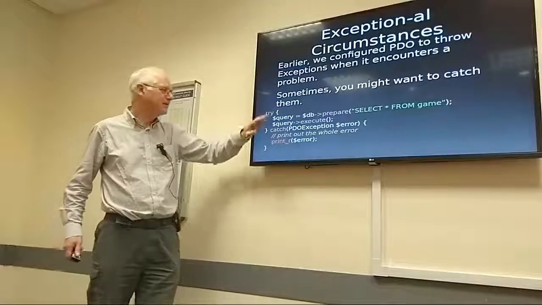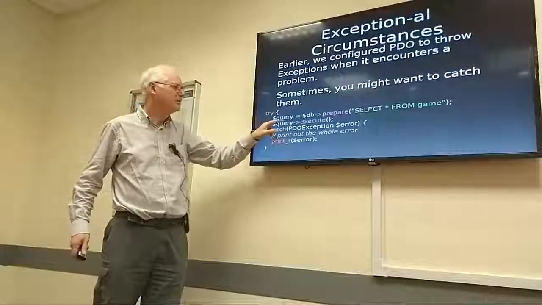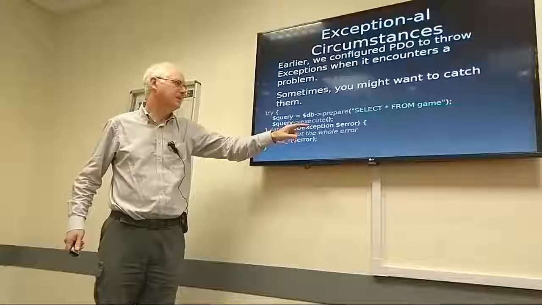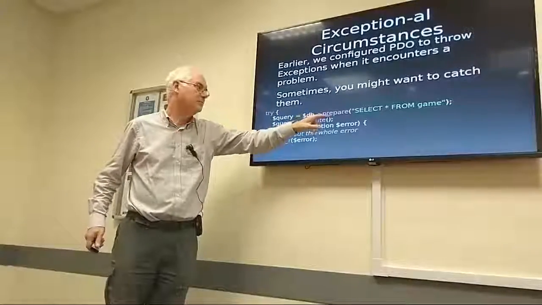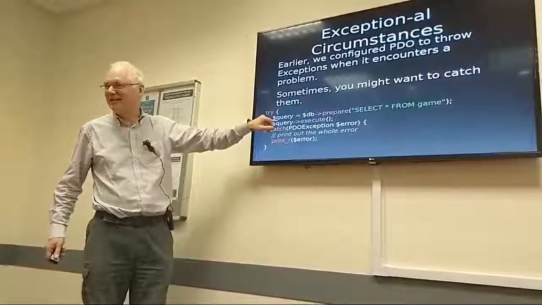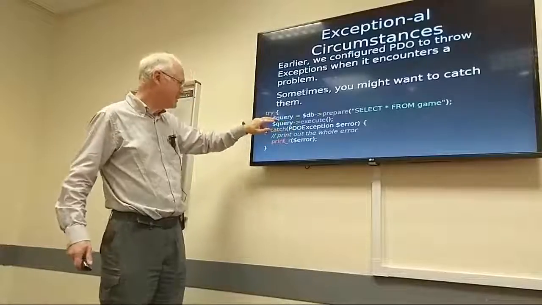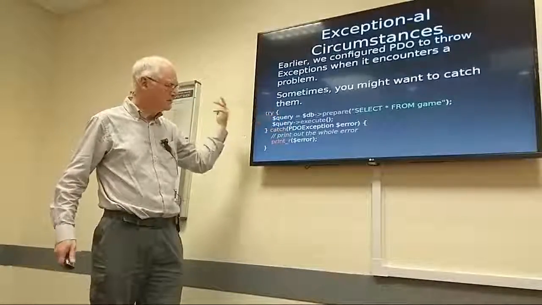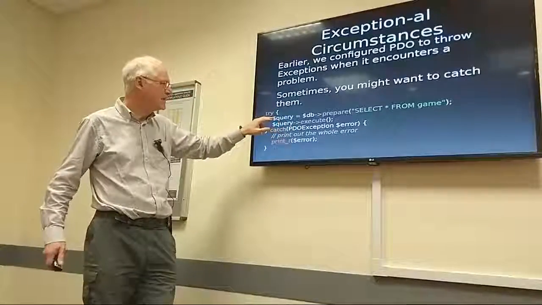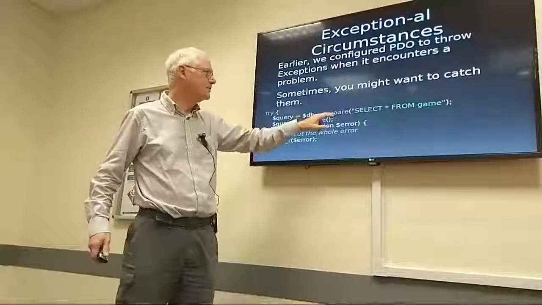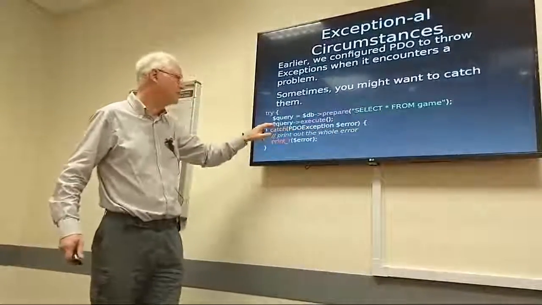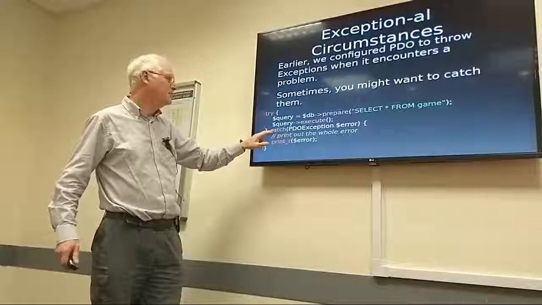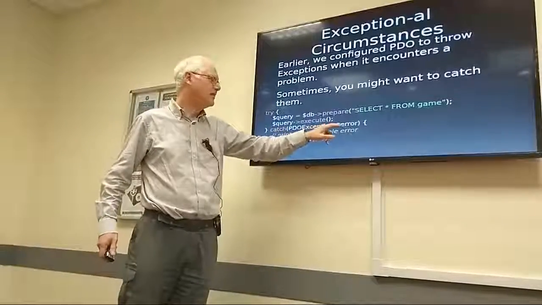So try, with your brackets, $query is $database prepare. Oh look, we switched to $query from $statement. So that's the bit I was saying varies from the beginning and end of the slides. Watch out for it. $query is $database prepare, select star from game, $query execute. Then we'll do a catch, PDO exception error.